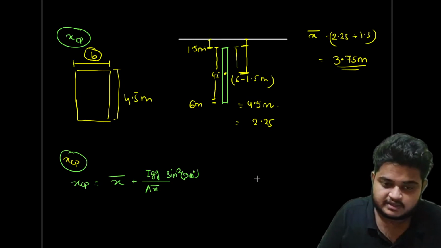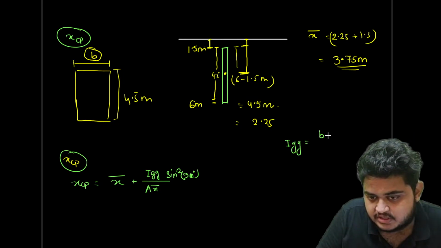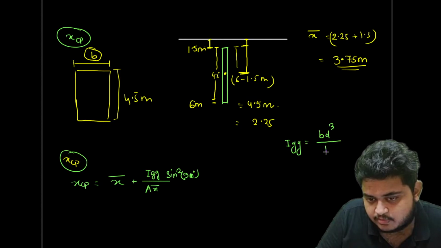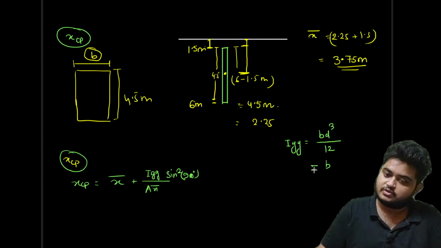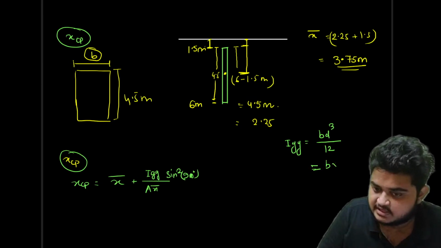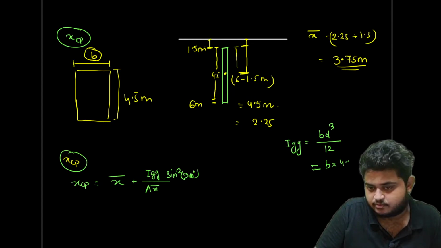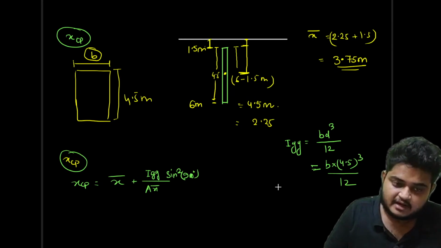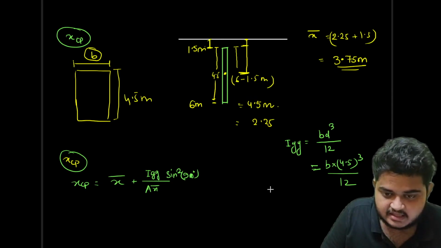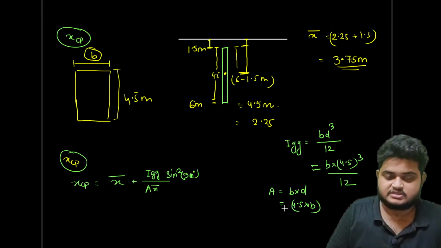Okay, now let us calculate what this is. This is B d cube upon 12. Now B is not known to us, so let us take this as B. D is known to us, so we have 4.5 cube by 12. And what is the area? The area is B into D, so 4.5 into B is the area.